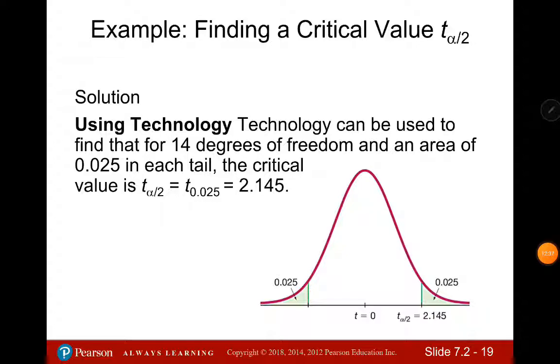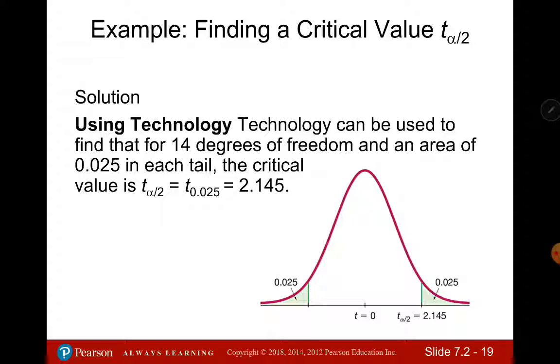Then we can check the t-table. If you have the t-table with you, let's check the t-table together. This time, the left column of the t-table just shows you different degrees of freedom. And we have the first two rows on the top. It says area in one tail or area in two tails. Please just check the first row, area in one tail. So here, one tail is right tail. See, it's 0.025.